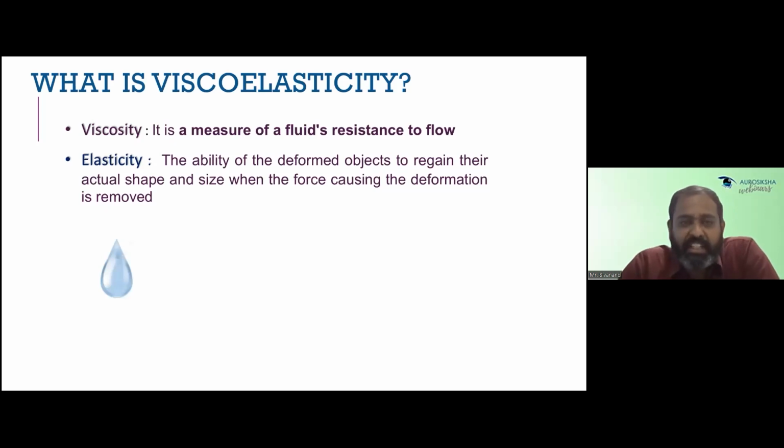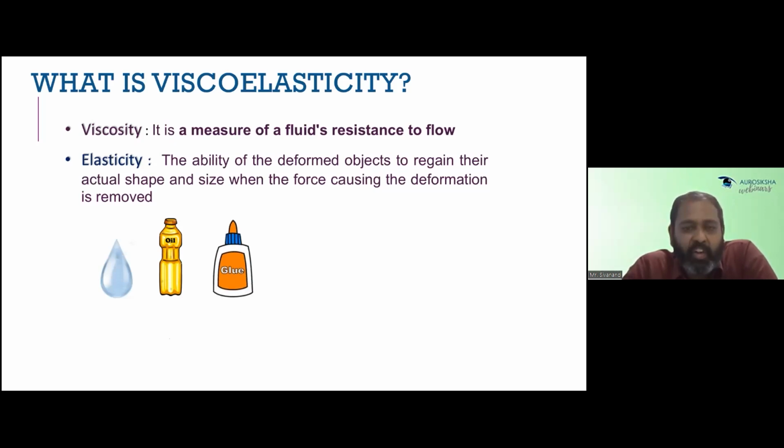As I was giving the example, when compared to water and oil, I think you will agree that oil is more viscous. You understand now what I'm saying? What is the meaning of viscosity? Compared to oil, glue is even more viscous.